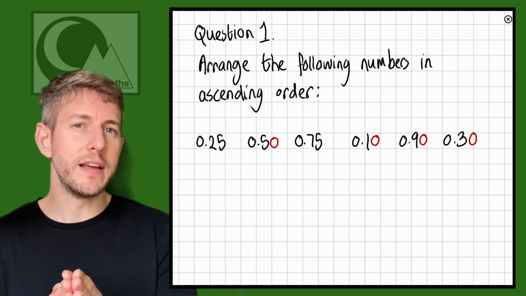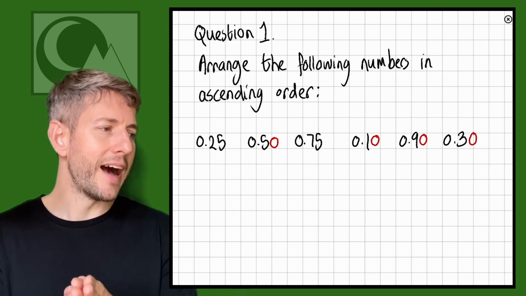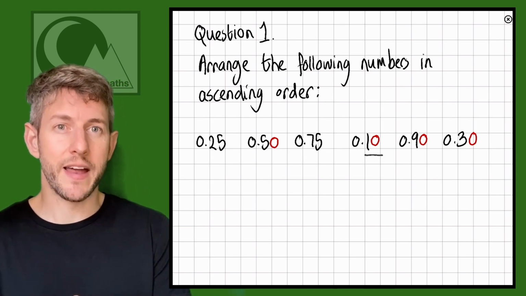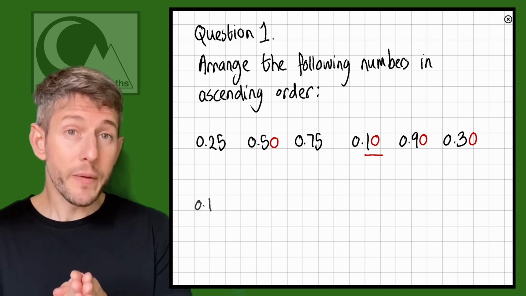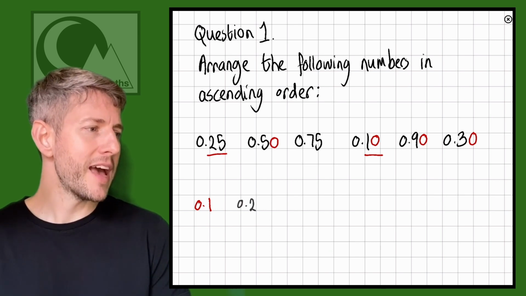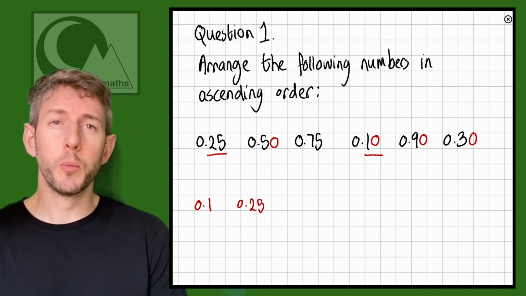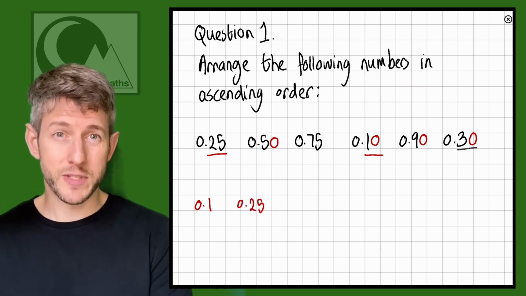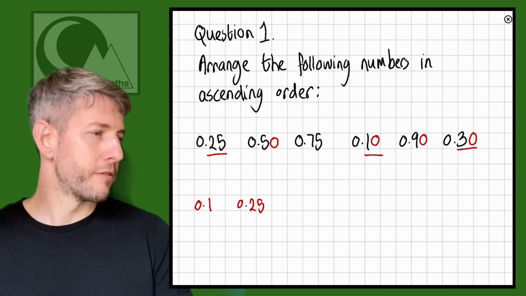So if I look at these here, I can see now that I've written them all as two digits, that this one, which looks like a 10, 0.10, is going to be the smallest. Then I can see after that, we're going to have 0.25 because that looks like 25. So we've got 10 and then 25.